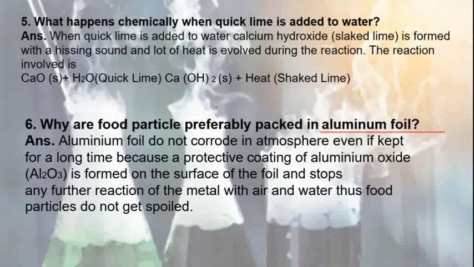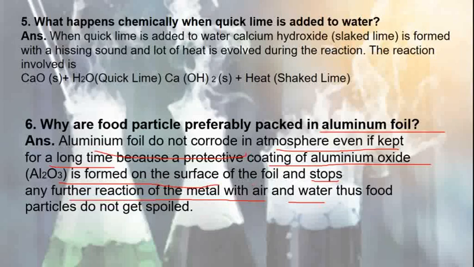So aluminium foil does not corrode in the atmosphere even if kept for a long time, because a protective coating of aluminium oxide is formed on the surface of the foil, and it stops any further reaction of the metal with air and water. Due to this, the food kept in the aluminium foil does not get spoiled.